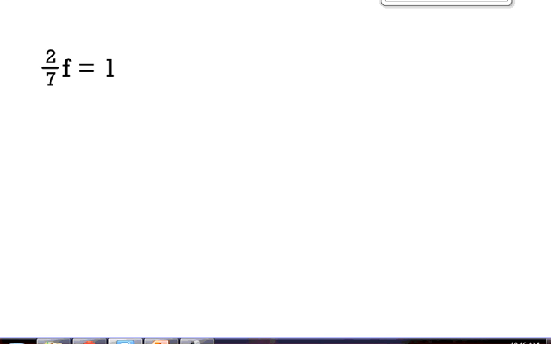We can also have a problem like this. You've got a quick flash that comes back. 2/7, right next to a letter, that means times, f equals 1. Now we've got to think hard. Okay, wait a minute. Fractions, multiplying, equaling 1. We're talking about reciprocals. Right?